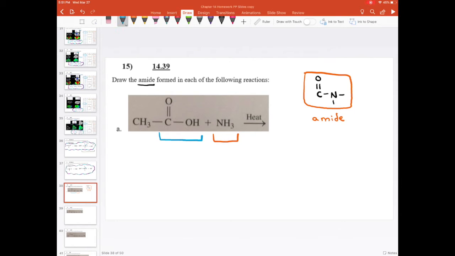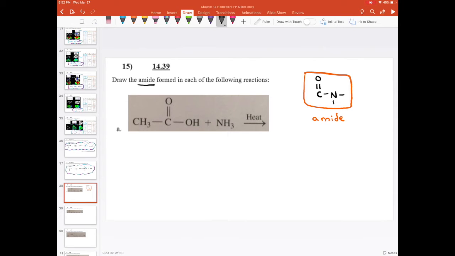The acid refers to a carboxylic acid, and the amino refers to an amine. And so one connects to another through this very same reaction. One amino acid connects to the other to create all the proteins in our bodies. So that's the significance for this reaction.